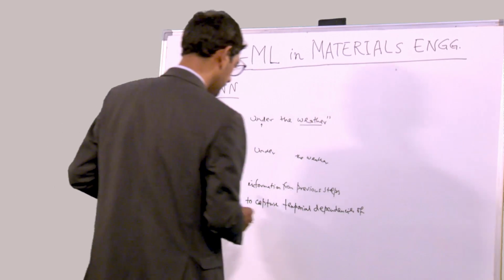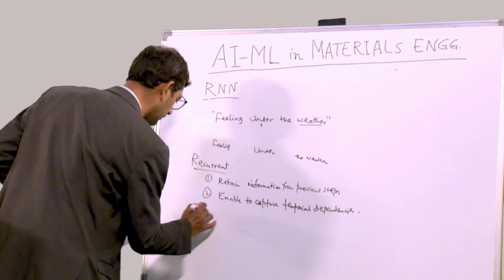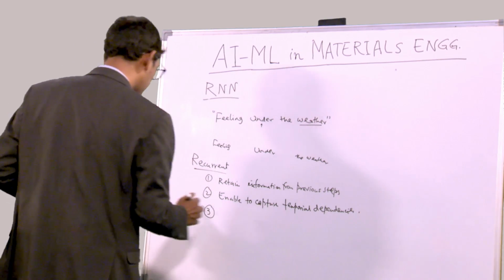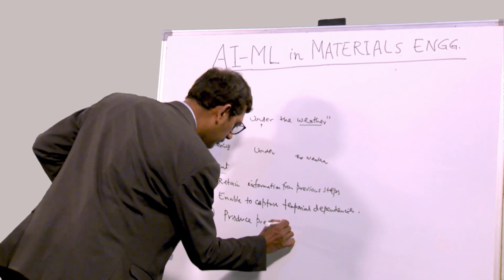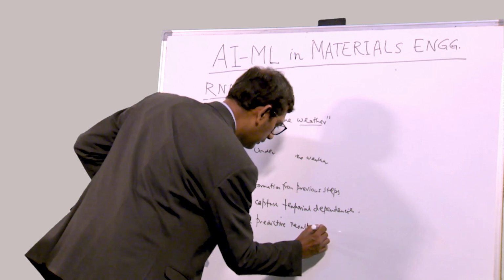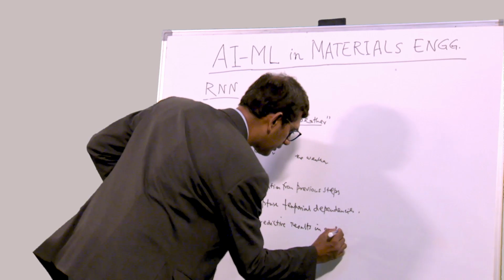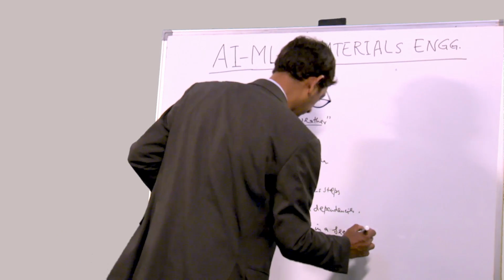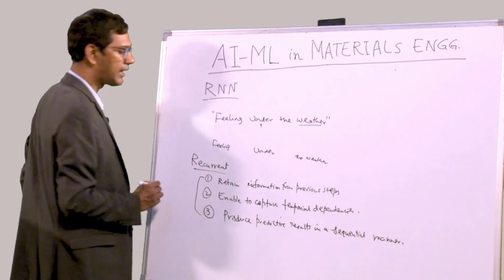And third, it has to put things in a sequence: produce predictive results in a sequential manner. These three things the recurrent unit will do.